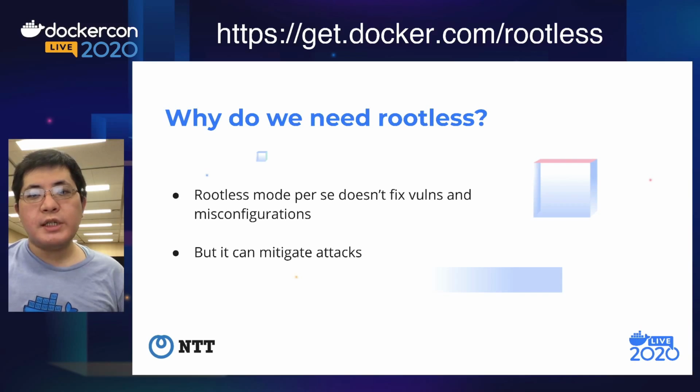So rootless mode itself is not the solution against these vulnerabilities and misconfigurations, but it can mitigate damage of attacks because the attacker cannot gain the real root user of the host system when the Docker daemon is running in rootless mode.